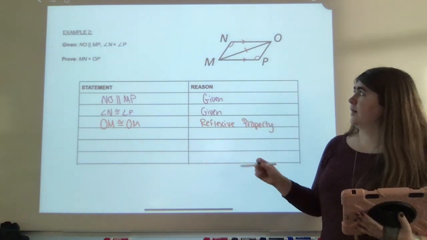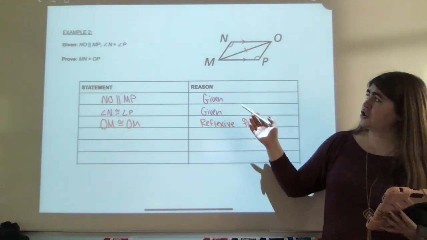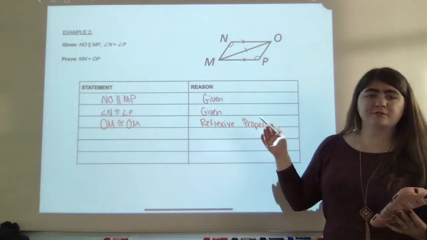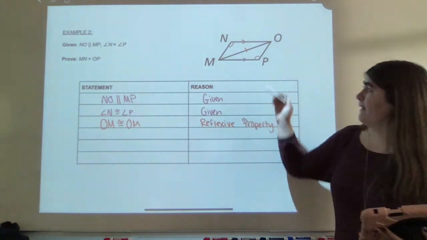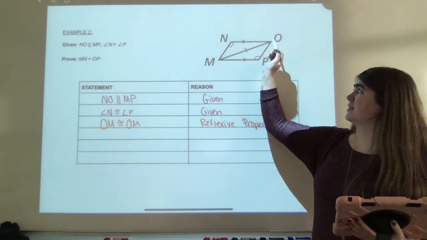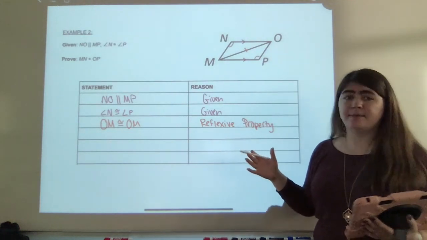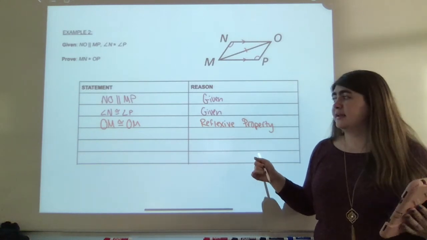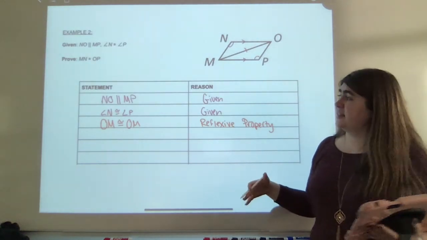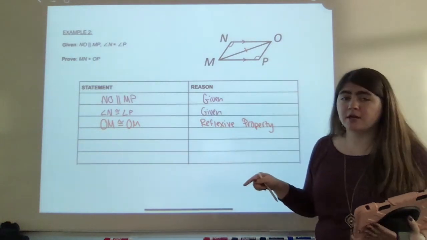Alright, so I have an angle and I have a side. If I can show that another set of angles, it'd have to be this angle to this angle or this angle to that angle, if I can show that those are congruent, then I can say that my triangles are congruent. And in this case, I can say that because it says right here that NO is parallel to MP.